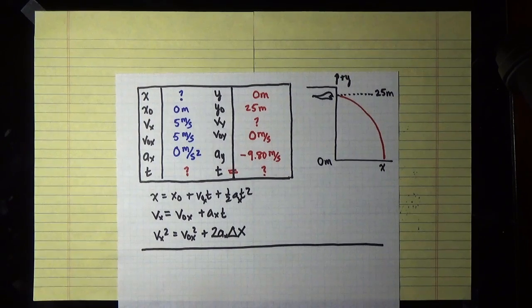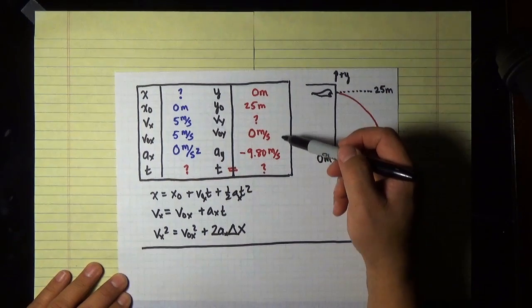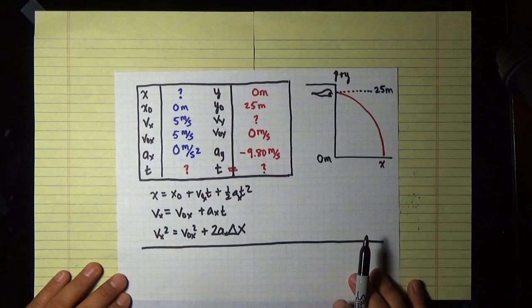Okay, so now we need to figure out what we need to do in order to solve this problem. Almost always in these problems, the thing that you will find most useful is the time. If you can find the time somehow, then that's always the first thing that I do. And in this case, I know almost everything I need to know in terms of the y motion in order to find time.